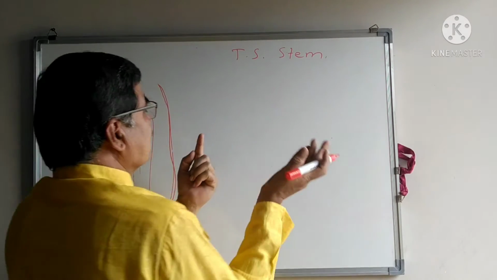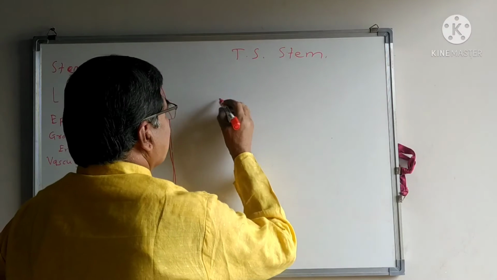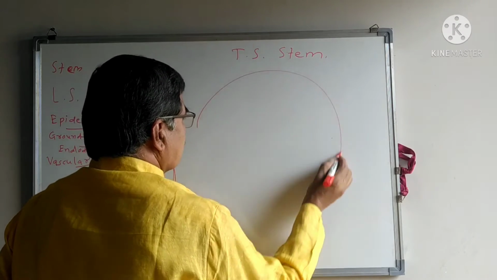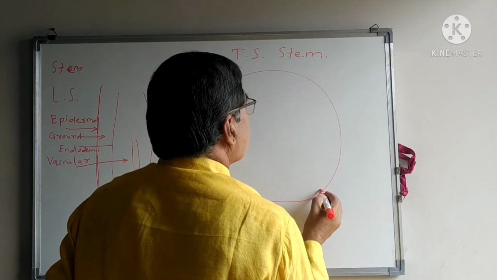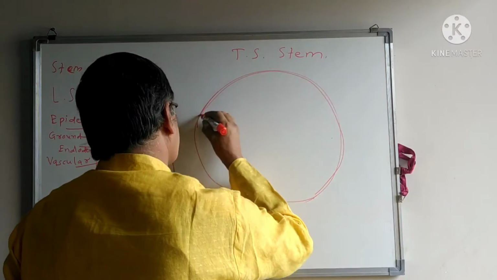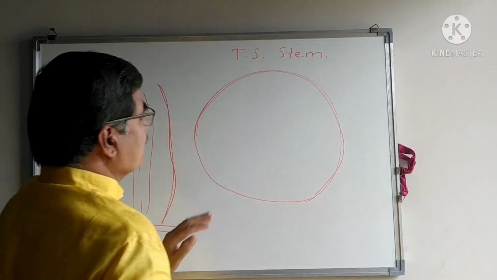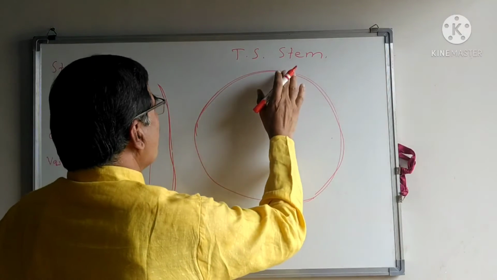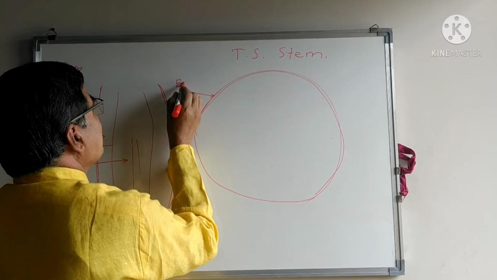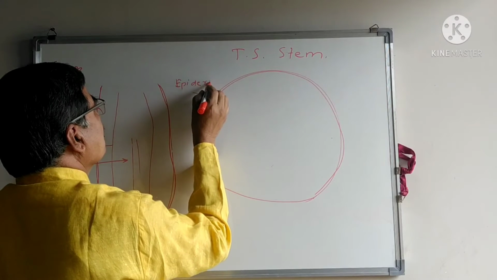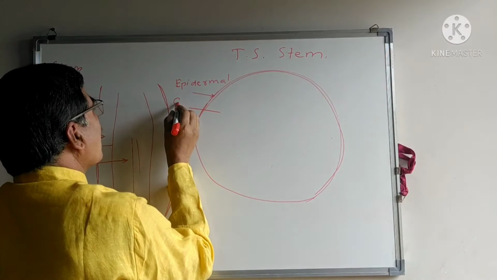In the transverse section, when the stem is cut transversely, the stem shows a body circular in outline. From the outer side, the outermost layer, known as the epidermal tissue, is followed by the ground tissue.